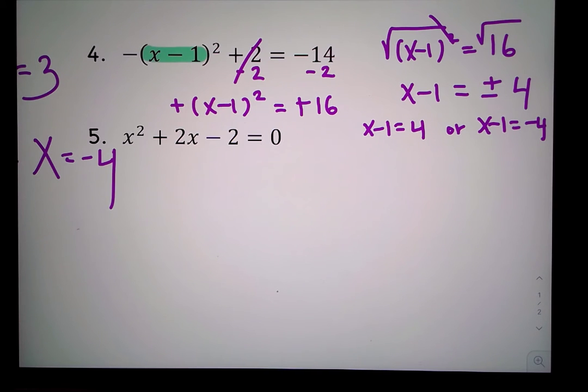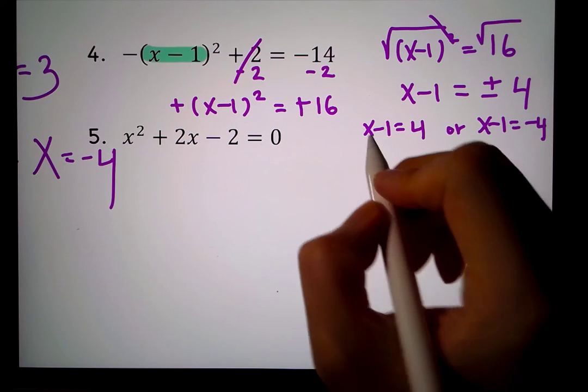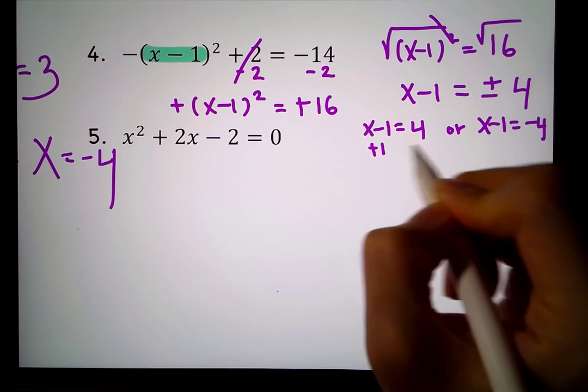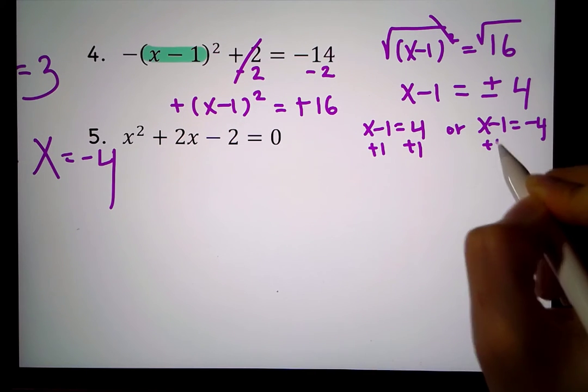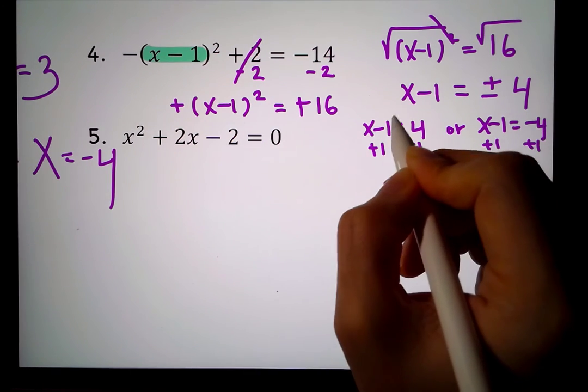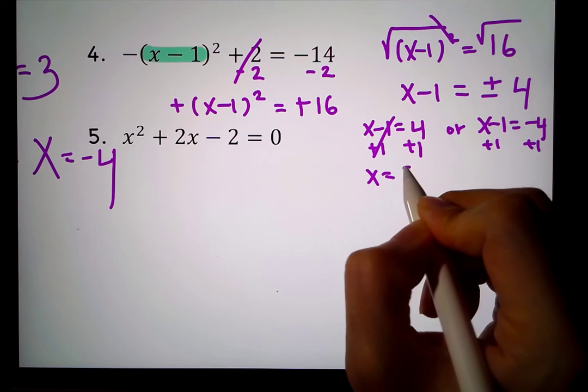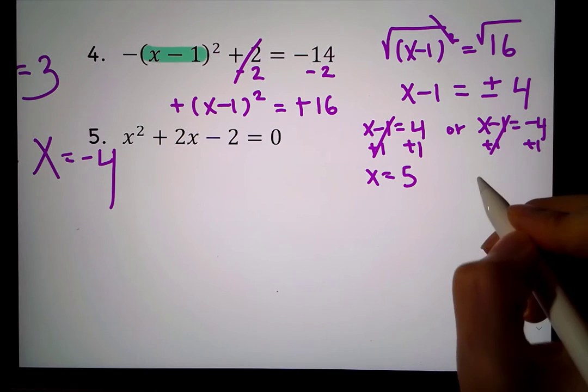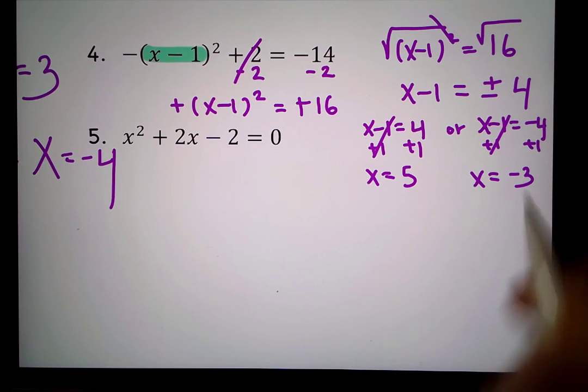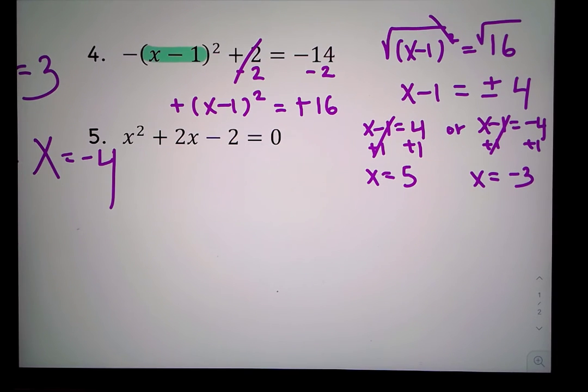And you simplify: minus 1 cancels, plus 1 on each side. Then you get x equals 5, and this one is x equals negative 3, right? So that's my solution, x equals 5 or x equals negative 3.